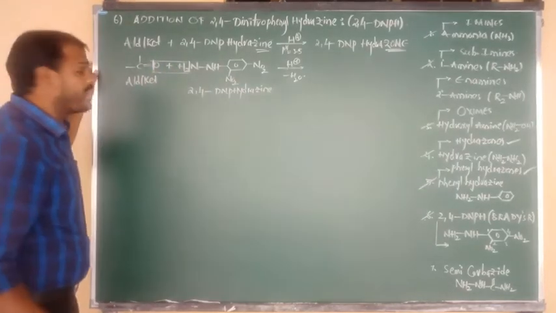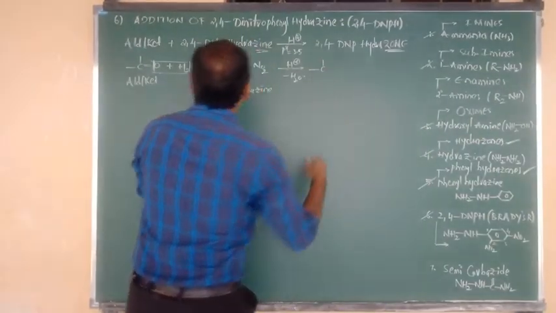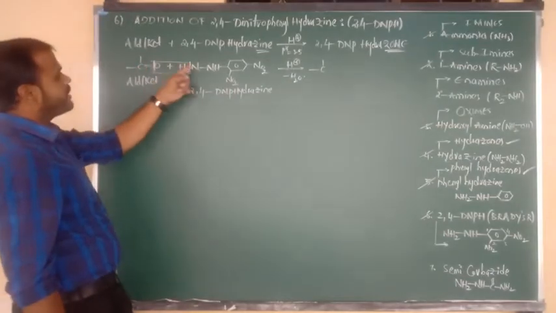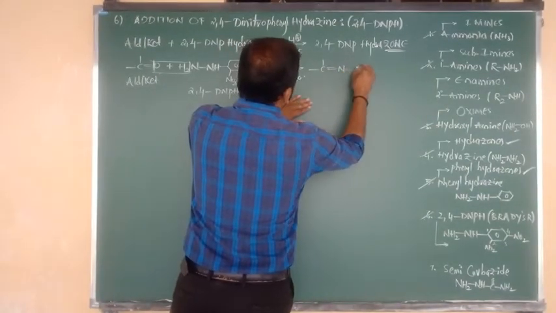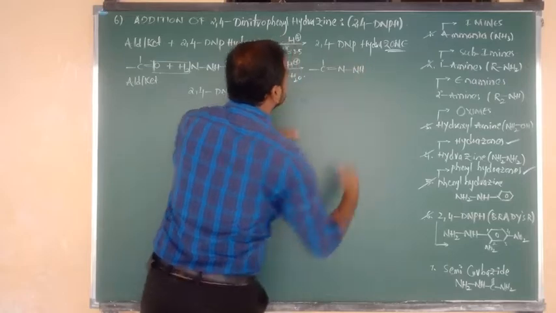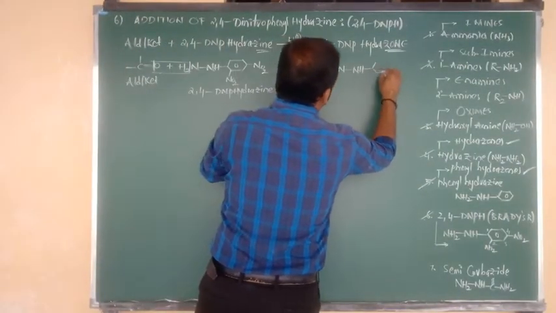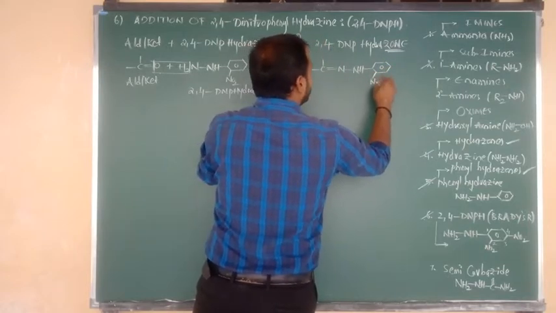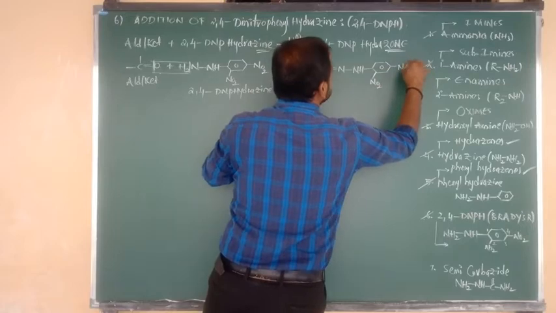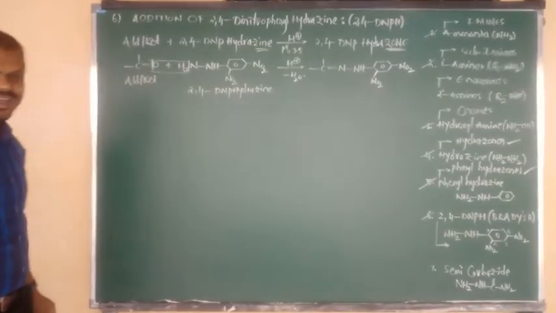Now what will be the product? Carbon retains 2 bonds as it is, and after that C double bond N bonded to NH. Now NH is connected to the phenyl ring. In that phenyl ring, the second place is connected to NO2, and the fourth place is also connected to NO2.